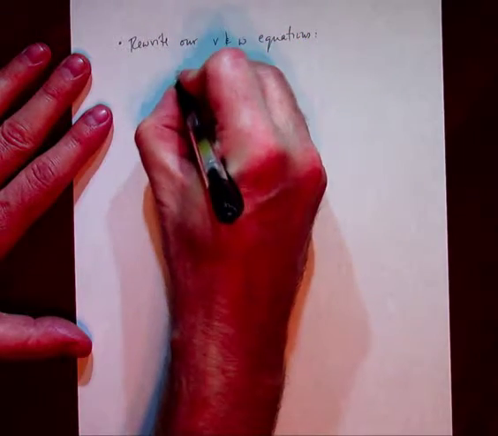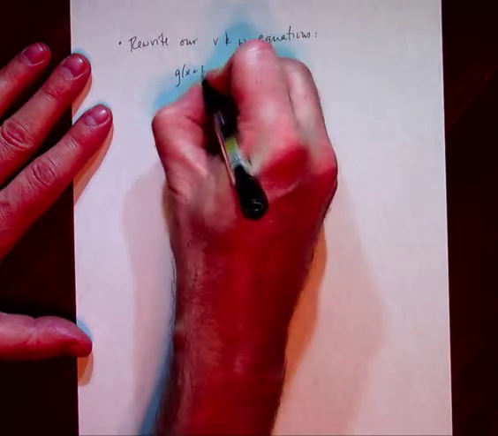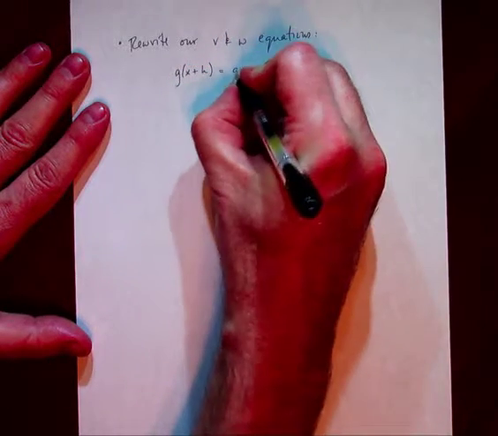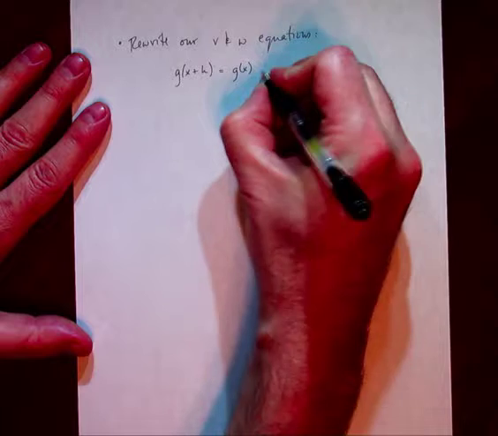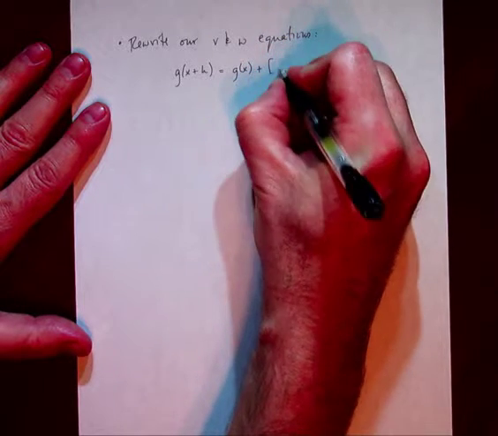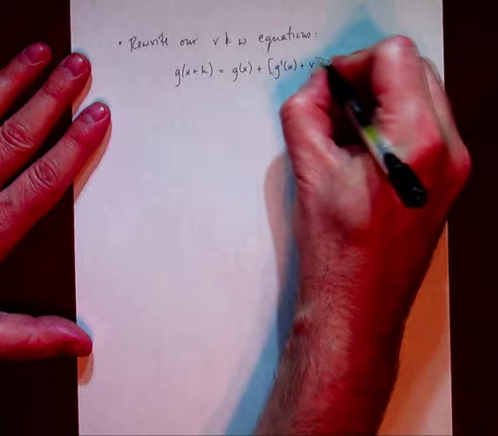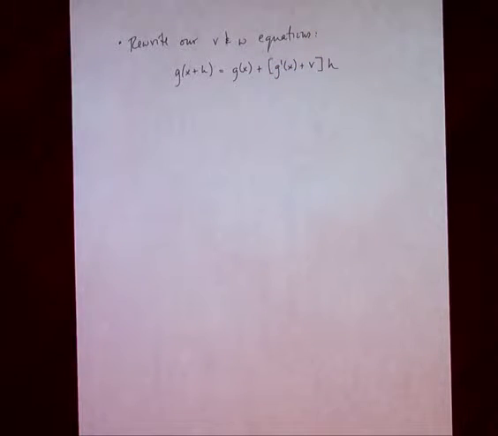And the first one is going to be g of x plus h. We're going to solve for it, kind of like a algebra problem. And what happens is we get that when we solve for g of x plus h.